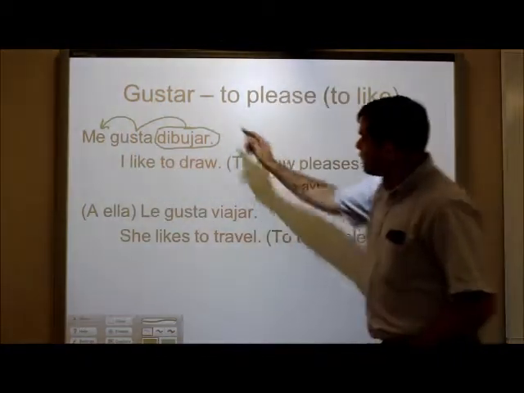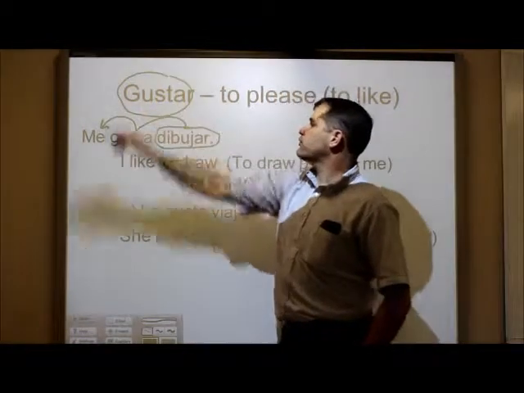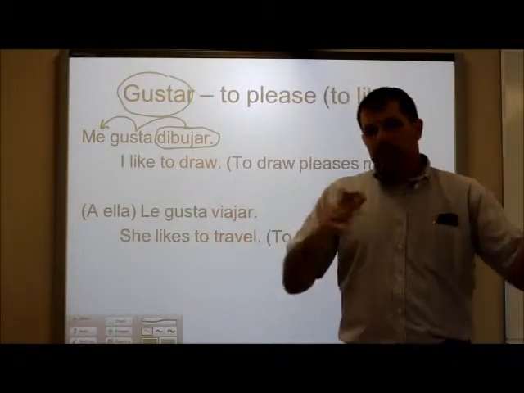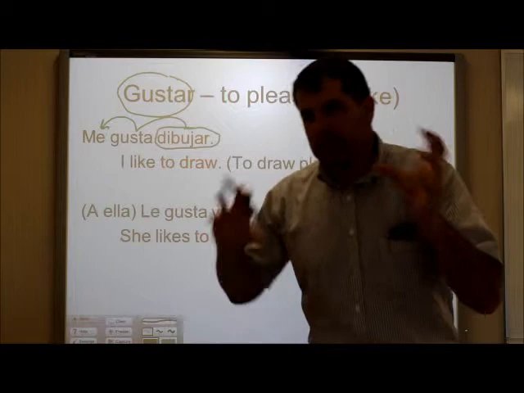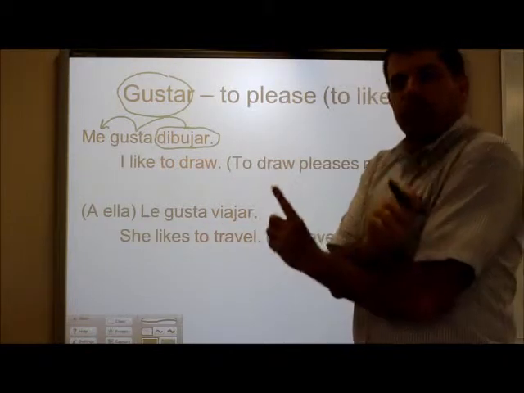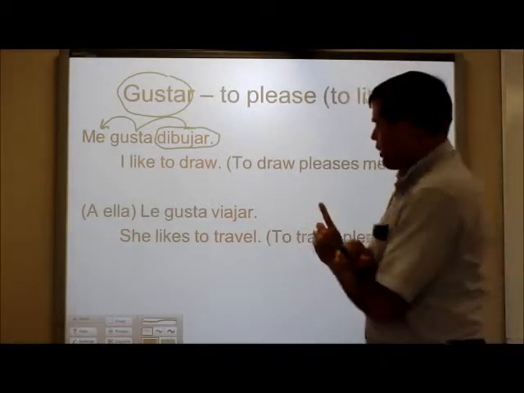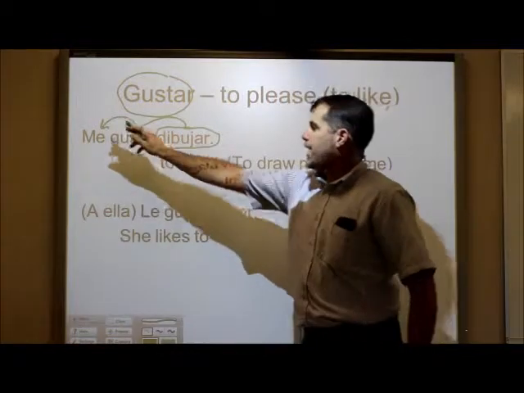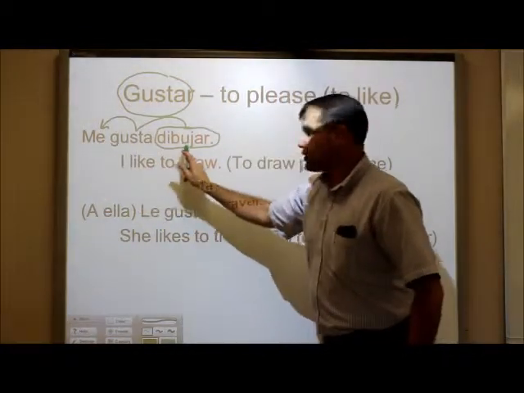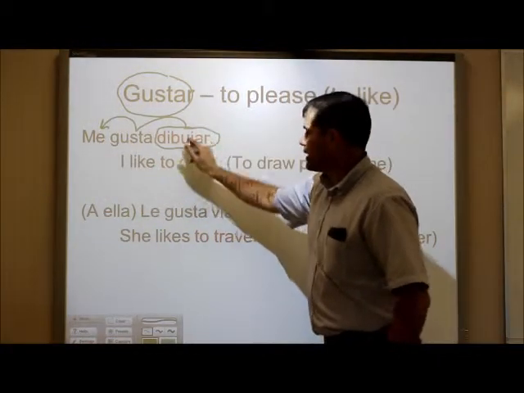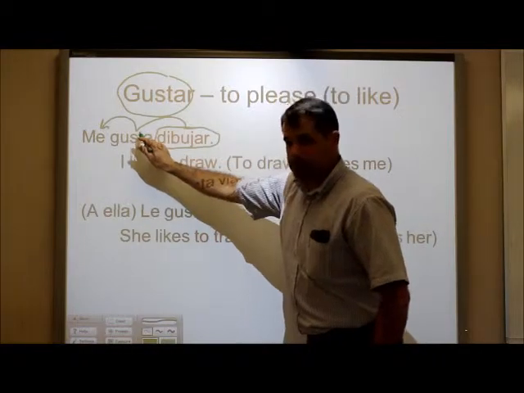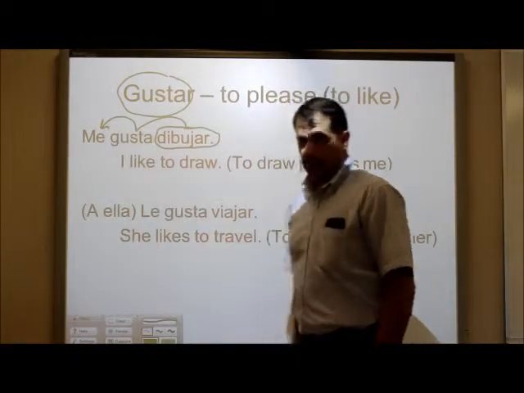So in sentences with the verb gustar, we almost have to think about those sentences in Spanish actually in reverse of what we would think about them in English. Alright? So, we are not really saying, I like to draw. We are really saying, to draw is pleasing or pleases me.